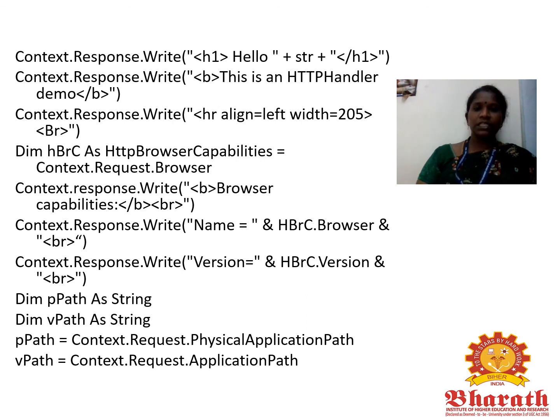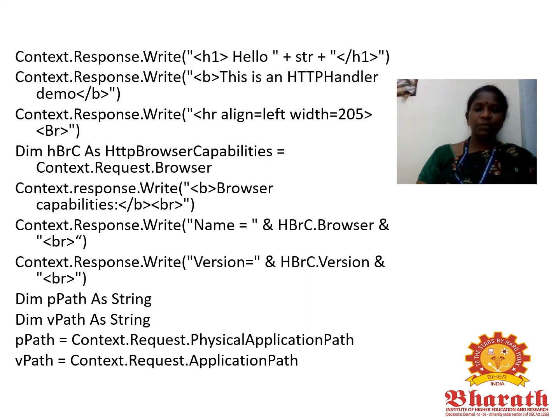This is the HTTP handler demo. Next, context.Response.Write we can use HR, for alignment left and width. Next, dim a browser as HttpBrowserCapabilities from context.Request.Browser, so like this we can arrange the name, versions and so on.